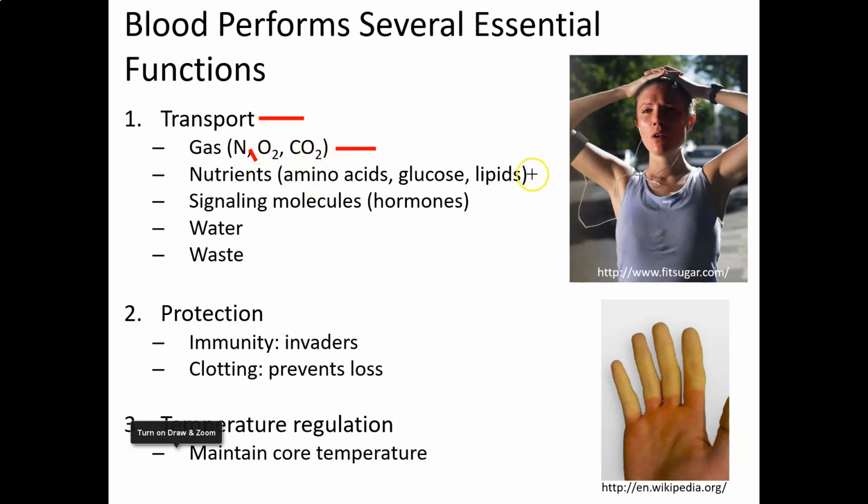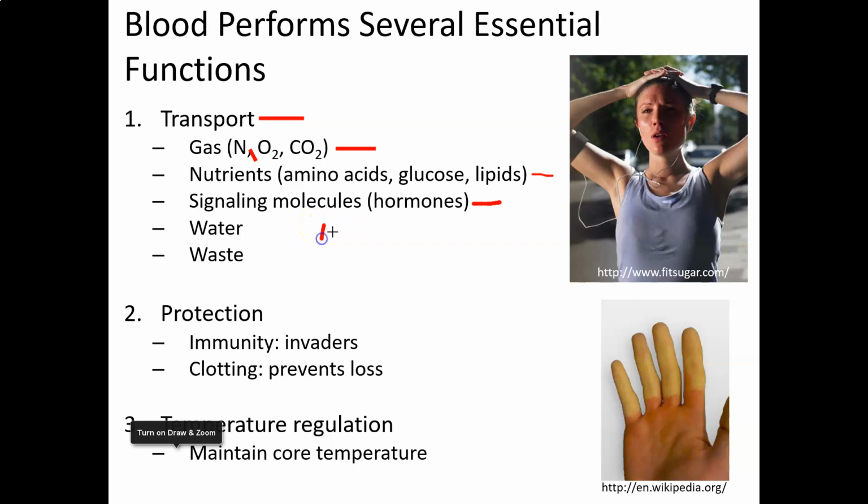There are also nutrients in the blood. Nutrients would be things like amino acids, glucose, lipids, things the body needs. There are signaling molecules such as hormones in the blood. Not even listed here would be other components like ions.